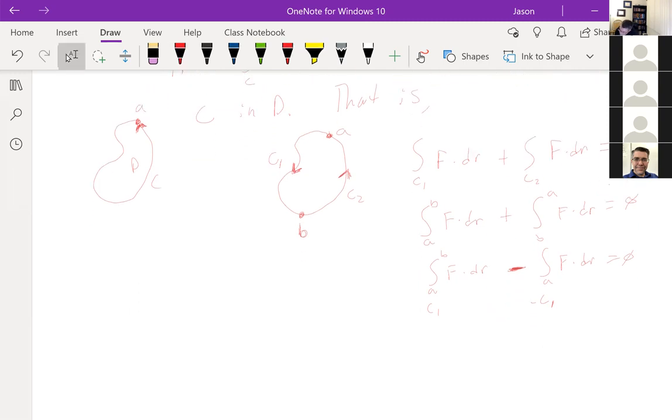Well, what does this tell me? It tells me if I toss this to the other side, I get the integral over C1 of f dot dr equal to... this should still be a minus. Why is it not coming out right?